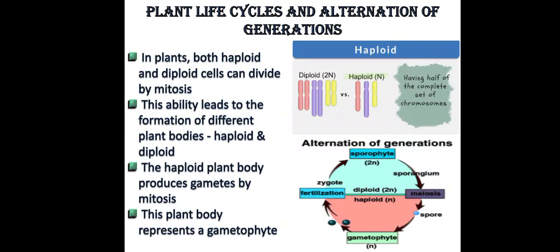The egg cell and the sperm cell, the gametes, fuse by fertilization and produce the diploid zygote, the first cell of a living organism. Then it produces the sporophyte. Then the sporophyte, by reduction division or meiosis, produces spores, and then it produces the gametophyte.